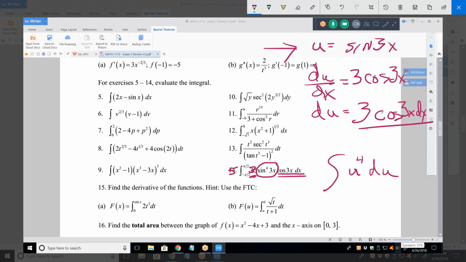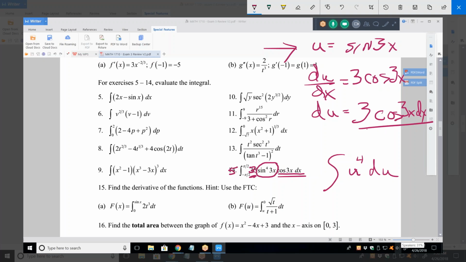Besides that, my limits of integration have changed. Now, let's do it what I consider to be the easy way, which is to go ahead and integrate it as if it were an indefinite integral, and then we'll evaluate it at the original limits.